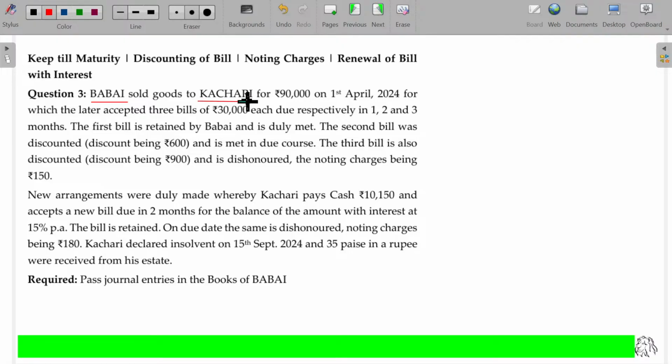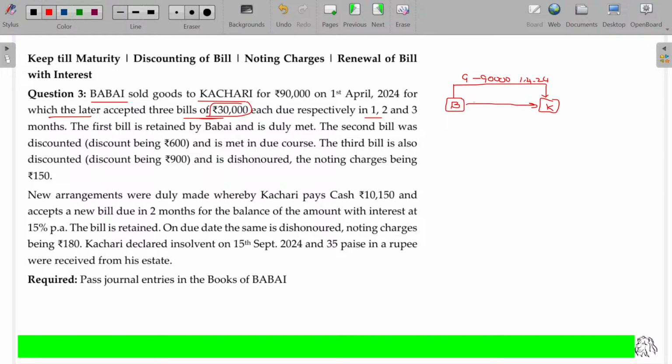Babai sold goods to Kachari. Okay. Sale for rupees 90,000 on 1st April 24, for which the latter accepted 3-month bills of 30,000 each, due respectively in 1, 2, 3 months.